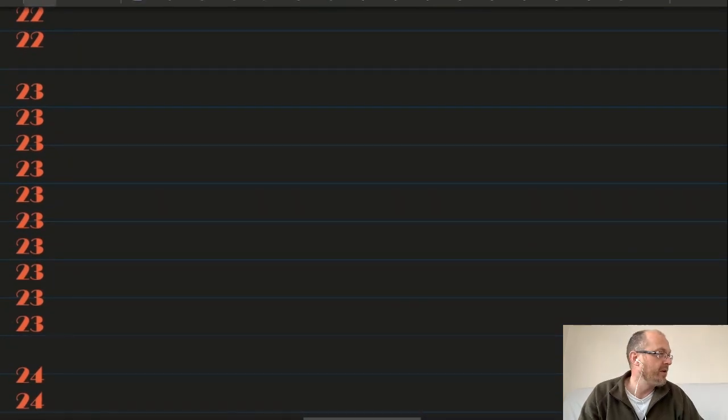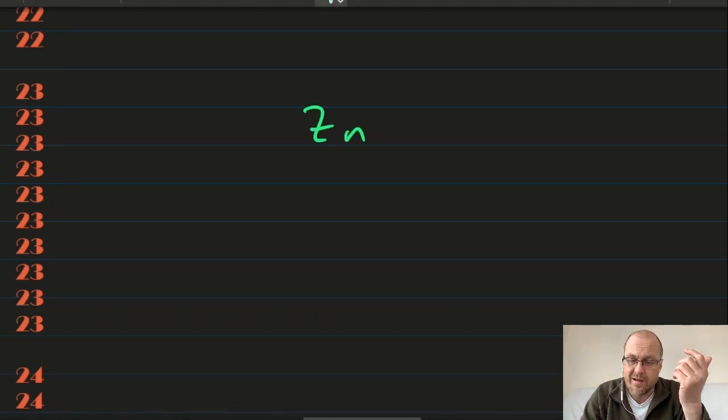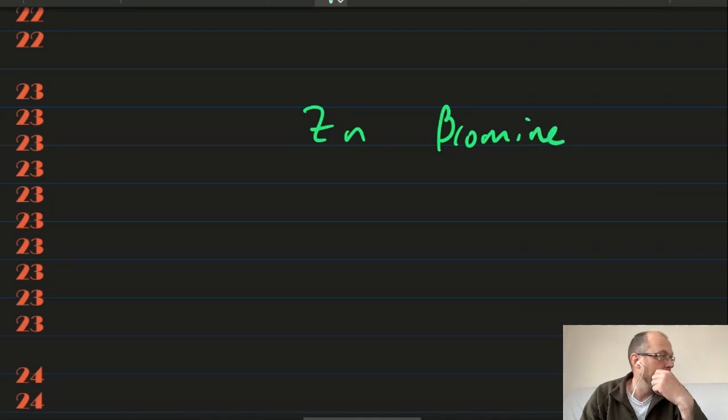Definition question. 23, electrolysis of molten zinc bromide. So you're an SL, so electrolysis just makes the elements. If you electrolyze platinum iodide, you're going to make platinum and iodine. If you electrolyze zinc bromide, you're going to make zinc and bromine. So it has to be A or C. You just have to work out which goes to which.